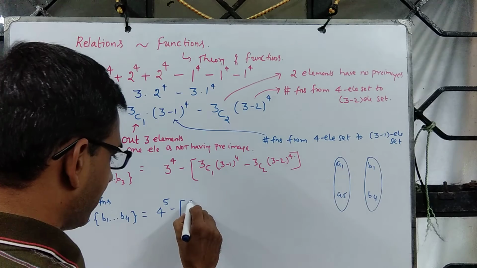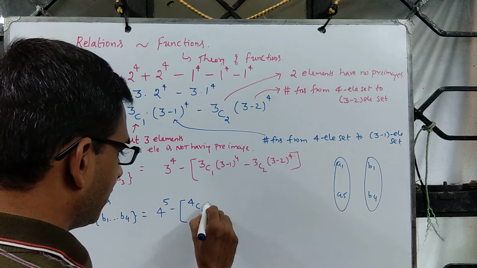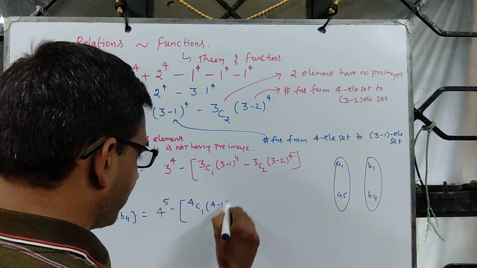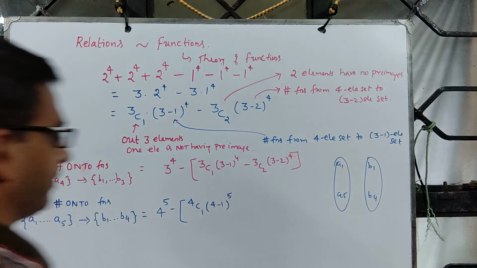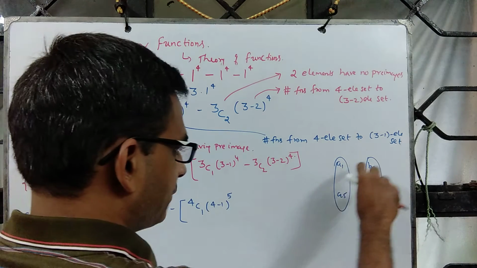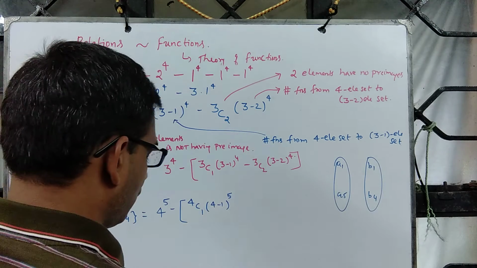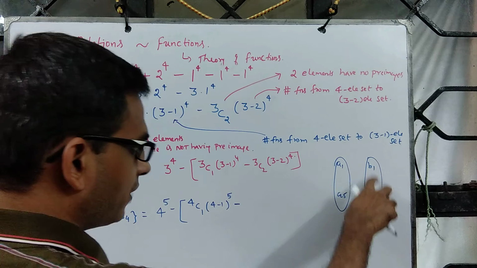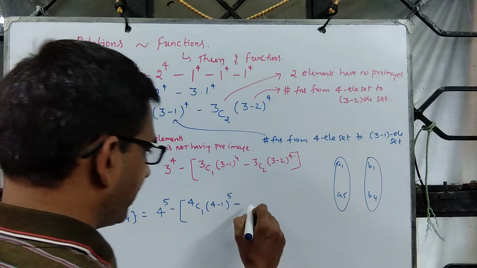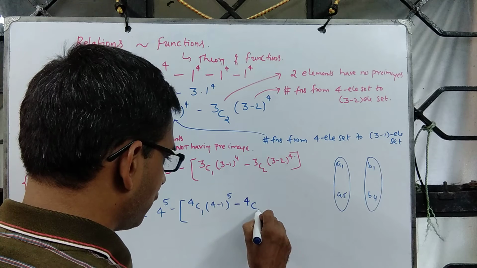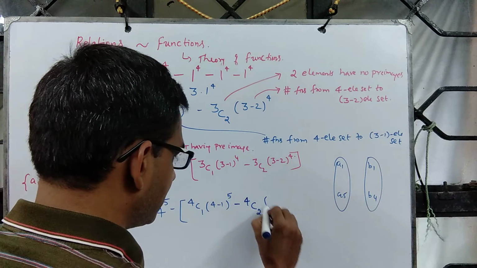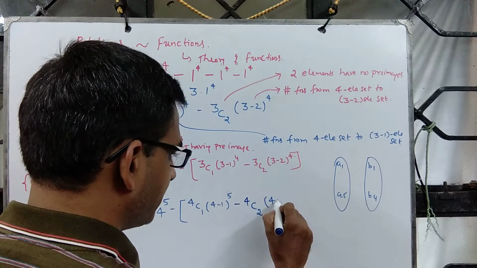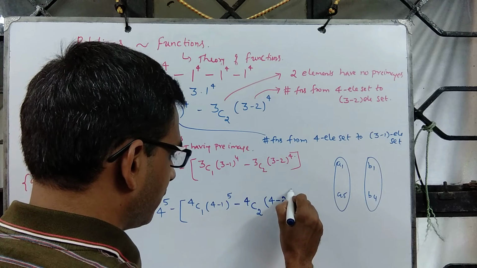One element is not having a pre-image, which is 4 choose 1, which means all this is mapped to a 3 element set, which is 4 minus 1 to the power 5. And all of this is mapped to 3 of them. Now minus, now you see that functions in which 2 of them are not having pre-images are already counted. So I need to subtract them, which is 4 choose 2 times, out of 4, 2 are not having pre-images, so which means you are left with 2. It has to be mapped to this.